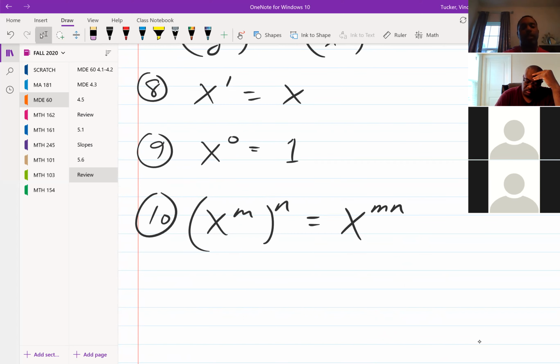Whenever you have a power raised to another power, then you multiply your exponents. Once again, just like I've mentioned before, when it comes to these type of things, try not to be on the mindset of committing them to memory. You should be committing them to usage.